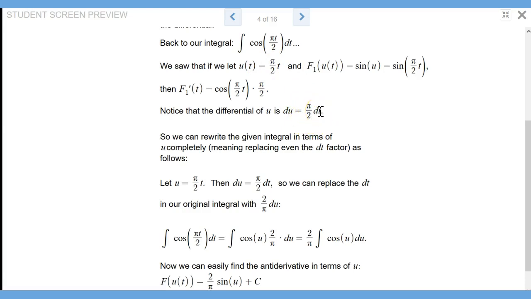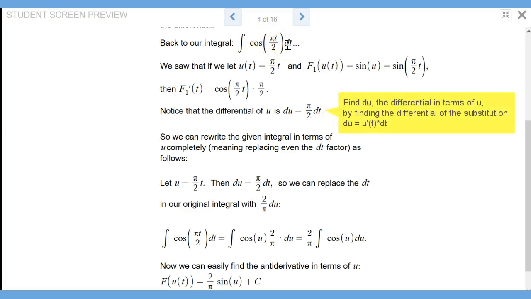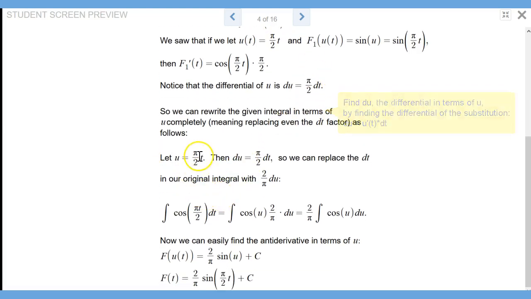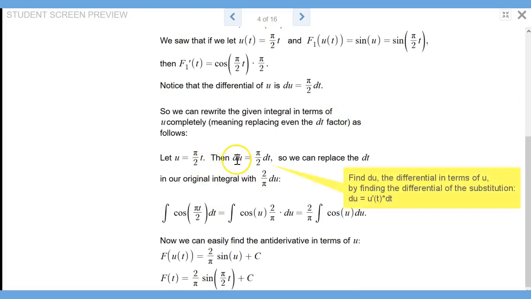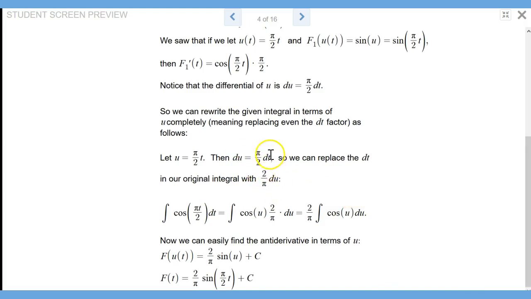So remember, I need to get my entire integral in terms of u, not t, so that I can find the antiderivative and simplify things. So if we let u equal pi over 2t, then du is pi over 2 dt. That's that differential. So now I can simply solve for dt to get it in terms of du.